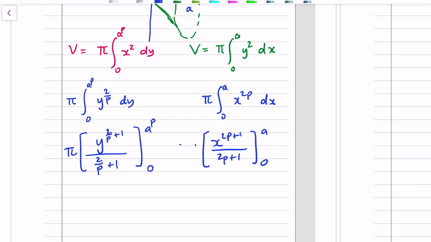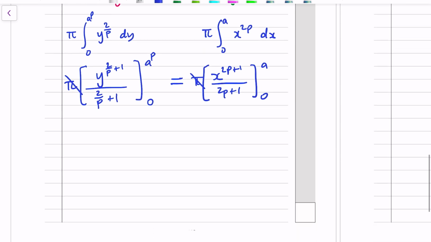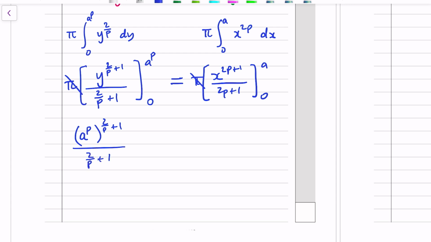Oh, there's a pi, make those equal to one another, cancel the pi's off, and sub in these limits. So we've got a to the p all to the power of 2 over p plus 1 divided by 2 over p plus 1 equals a to the 2p plus 1 all over 2p plus 1. Bearing in mind that when you sub in the 0 values into the definite integral, you get 0.